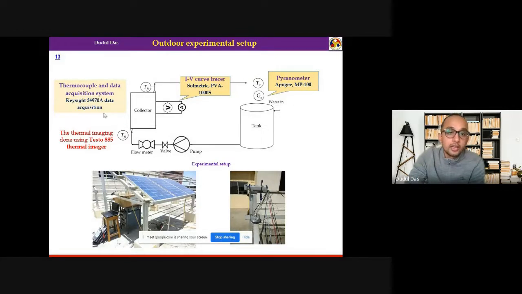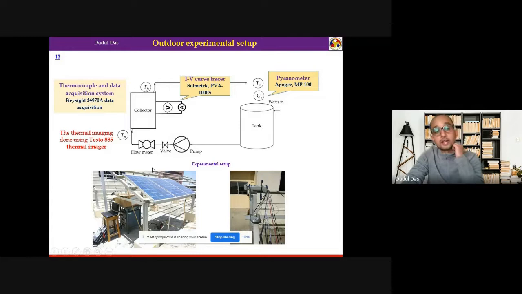We also measured the temperature of the inlet and the outlet so that we can calculate the thermal efficiency. And we measured the solar irradiance with a very basic instrument, that is a pyranometer. You can go for a high-end pyranometer also. There are Kipp and Zonen, and in our case we have used Apogee MP100.